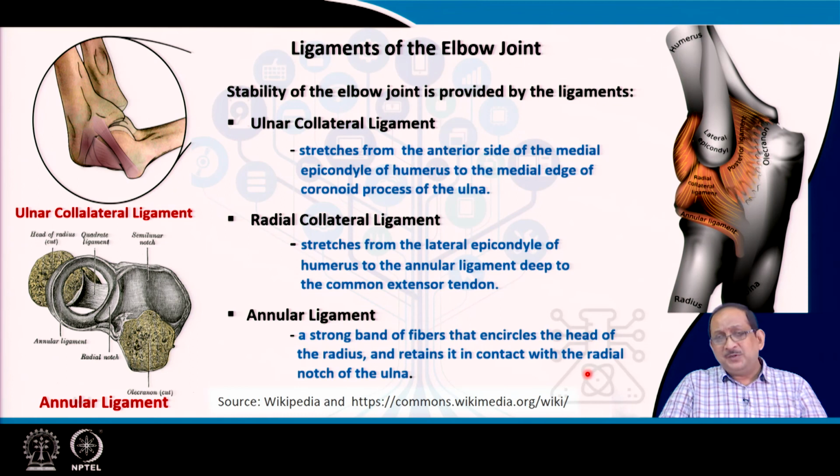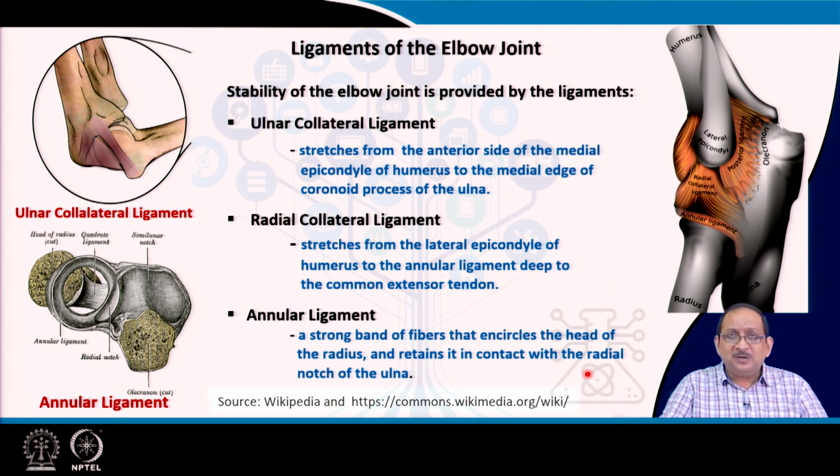The ligaments, as usual, offer stability to the elbow joint. And the main three ligaments that constitute the elbow joint are the ulnar collateral ligament, the radial collateral ligament, and the annular ligament.